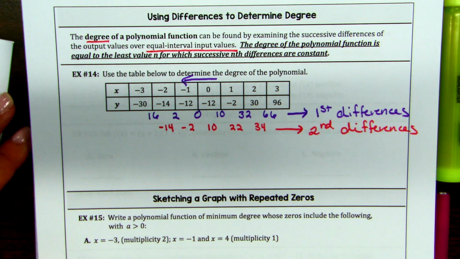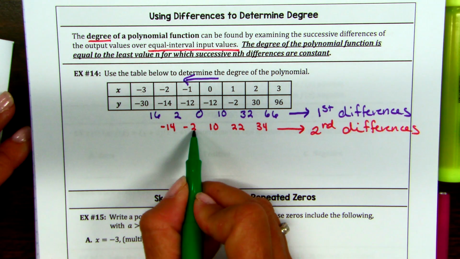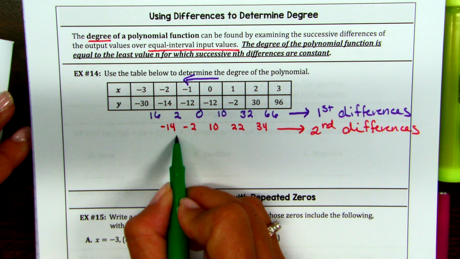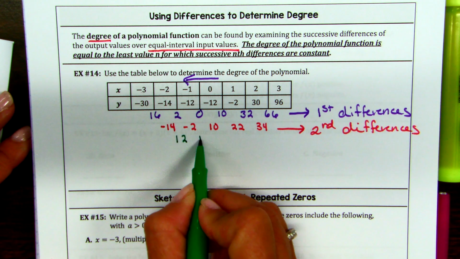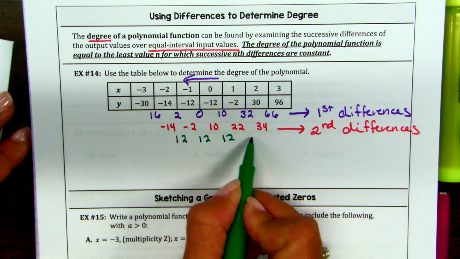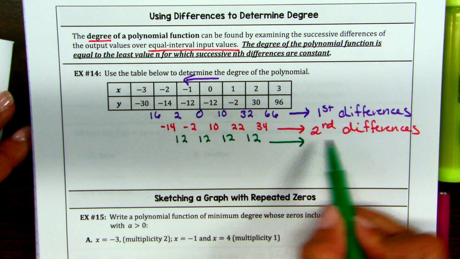So now we have to do another set of differences called the third differences. We're just doing the same thing again. Negative 2 minus negative 14 is 12. 10 minus negative 2 is 12. And you would get 12 the whole way down. These are constant, or the same.